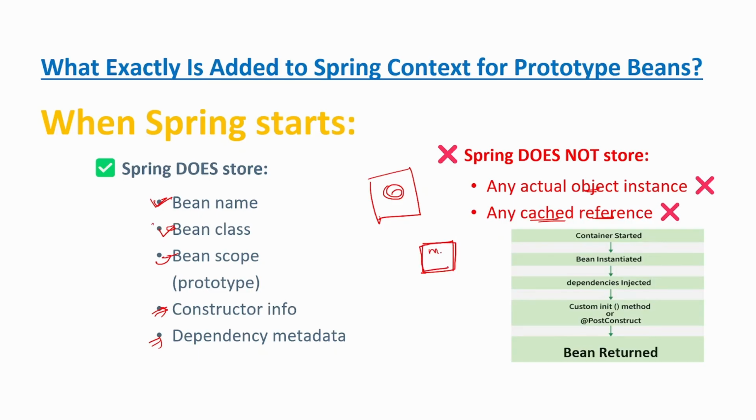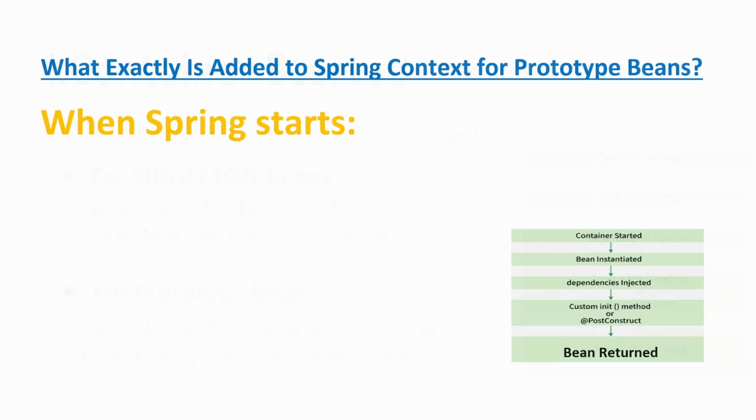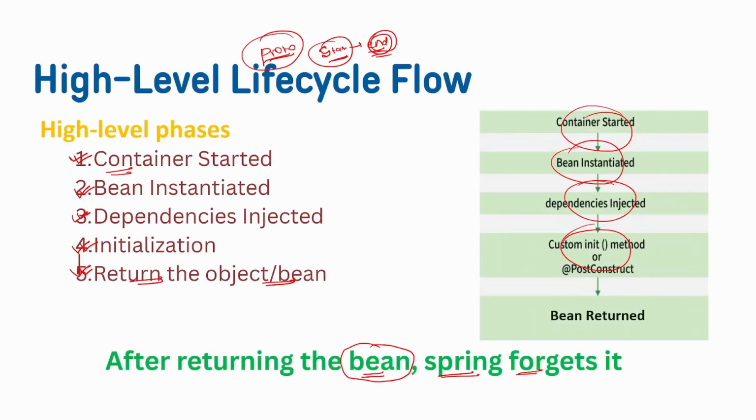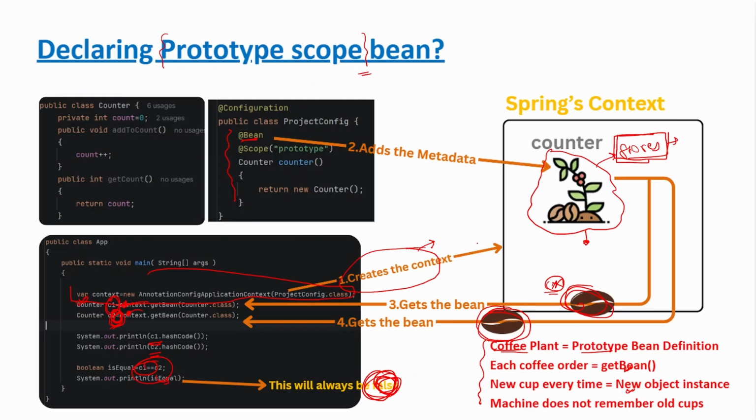Only the metadata is stored in the Spring context, and this metadata can be seen as the tree stored in our Spring context. Every time a new instance is requested, a new instance is created, as you can see from this diagram. Spring creates the new instance from this metadata information.